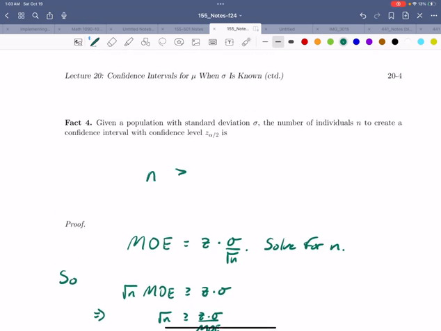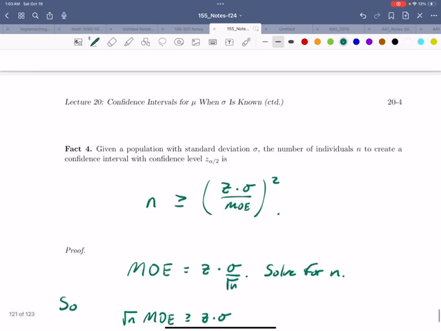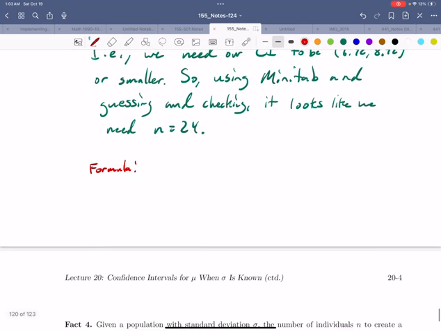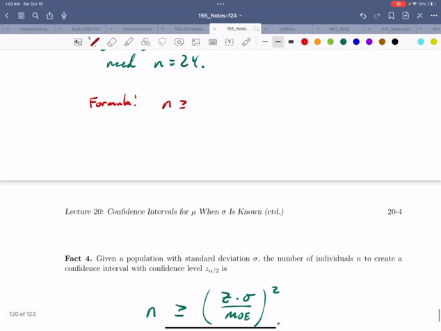It's going to be n greater than or equal to z times sigma over the margin of error, quantity squared. So if we go back and use the formula, what are we going to get? We're going to get that n needs to be greater than or equal to our z value times sigma divided by the margin of error, quantity squared.